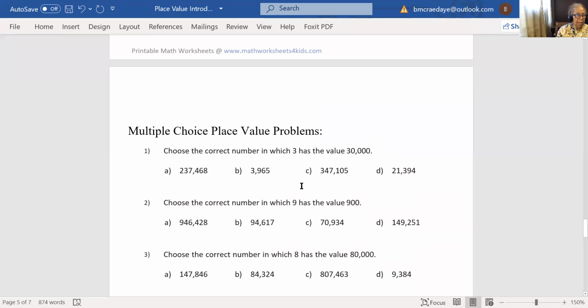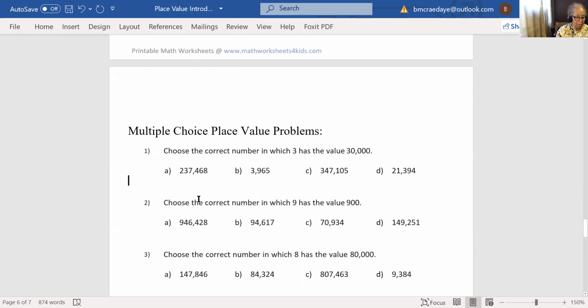Okay, the value 30,000. Well, we know it's not here because that's 1,000, so that's 3,000. And 3 here is what? 300,000. 3 here is 300. So the correct answer would be A.